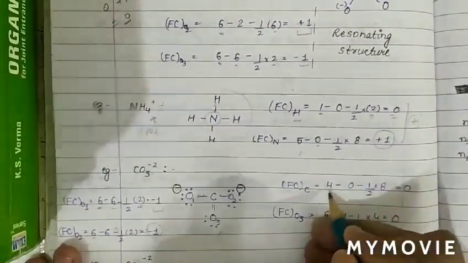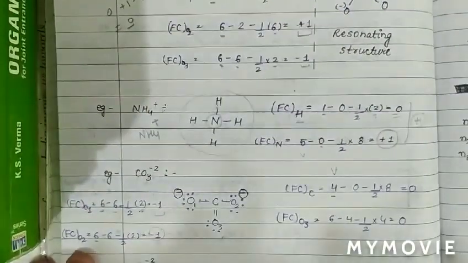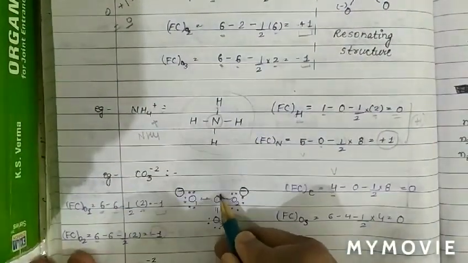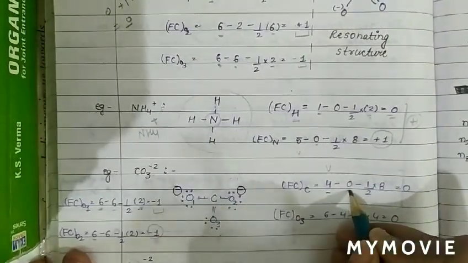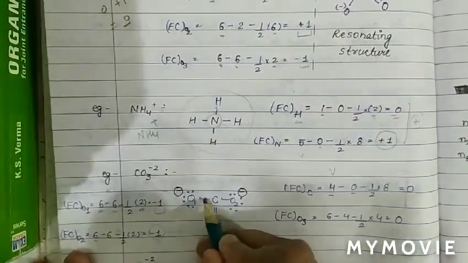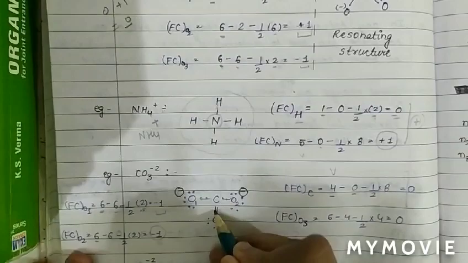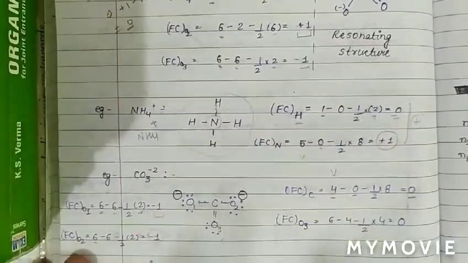As carbon atom is a group 14 element, valence electrons are 4. Is there any lone pair of electrons? No. So 4 minus 0, as unshared electrons are 0, minus half of shared electrons, 1, 2, 3, 4, 5, 6, 7, 8. Therefore formal charge on carbon atom is 0.